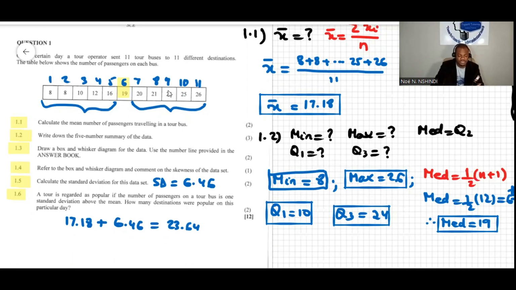So let's count them like this: the destinations that were popular are 24, 25, and 26. Therefore, we say 3 destinations were popular. Thank you.